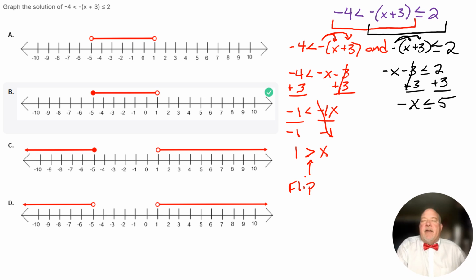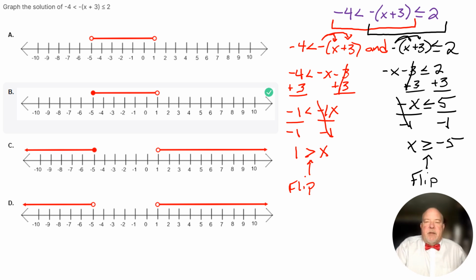And again, here I have a negative with the variable, so I'm going to have to flip the inequality. Again, there's a 1 there, so I'm going to divide both sides by -1. That cancels out, and so I have x. And again, I'm going to flip the inequality. So don't miss that piece. That's important. Flip the inequality, and 5 divided by -1 gives me -5.